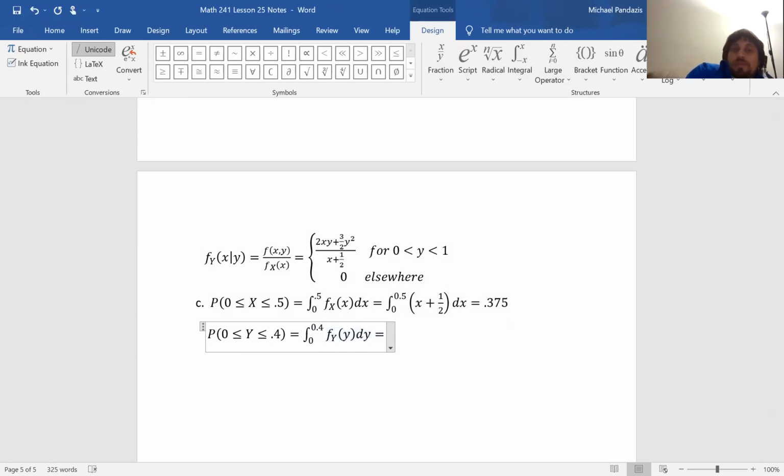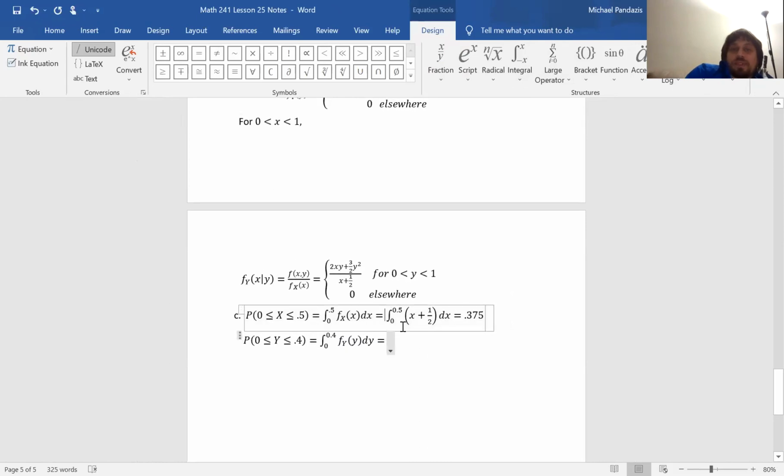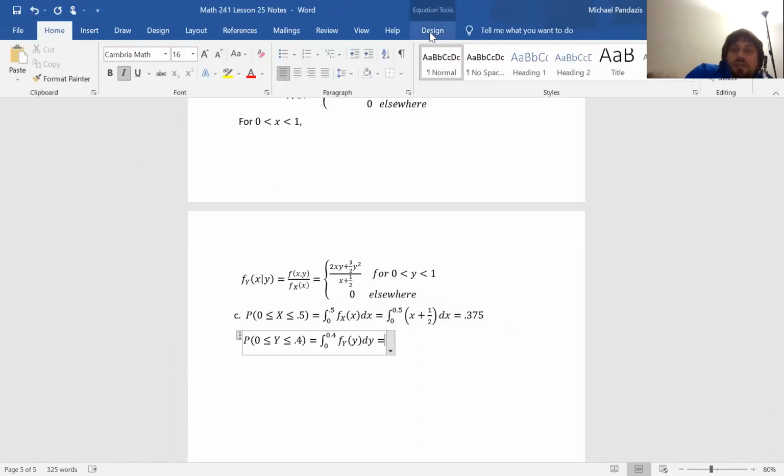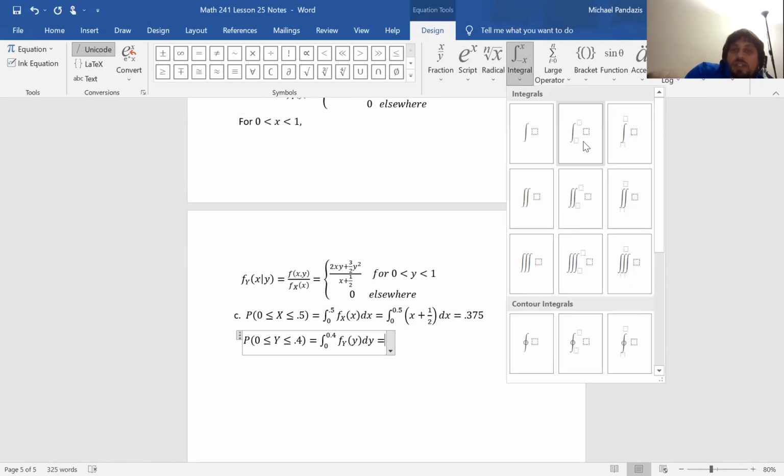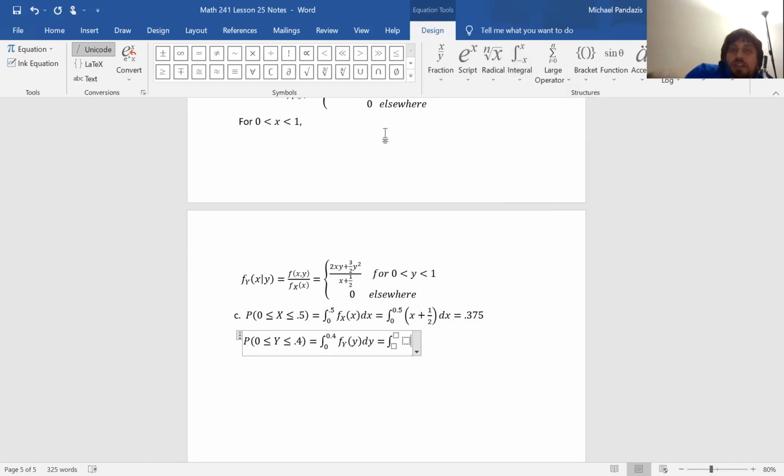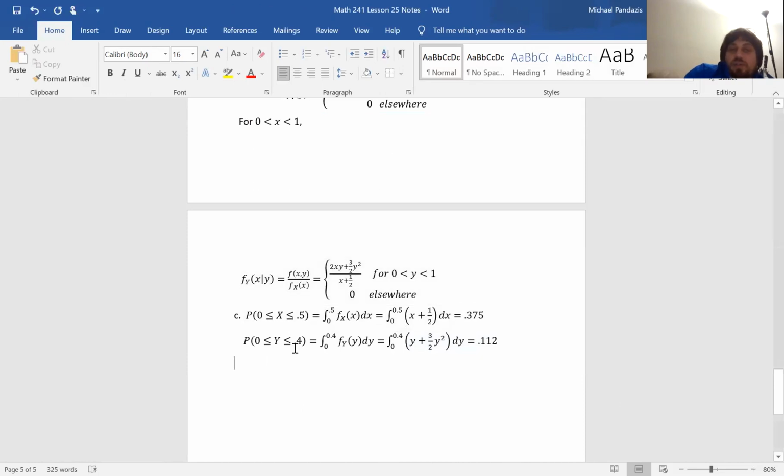This is equal to the integral from 0 to 0.4 of f sub y of y, which is y plus 3/2 y squared, dy, and that's equal to 0.112. Okay, so we found those two probabilities in C.